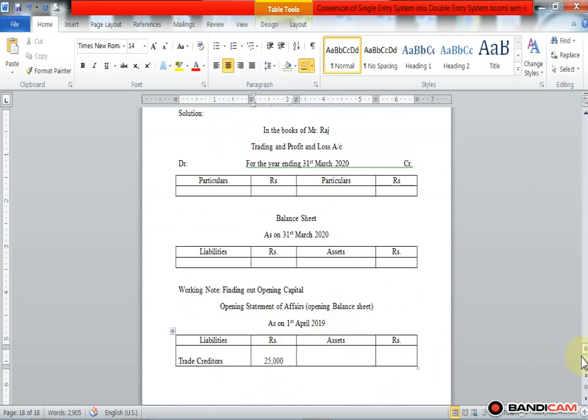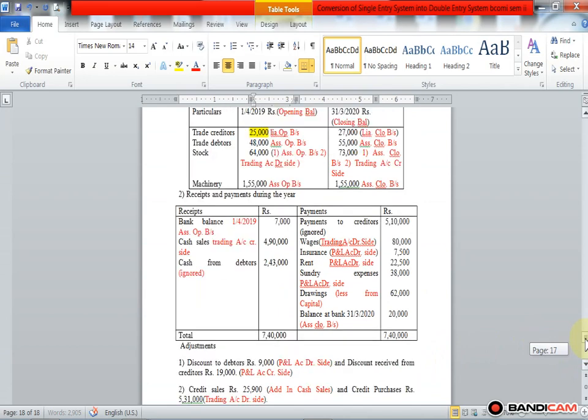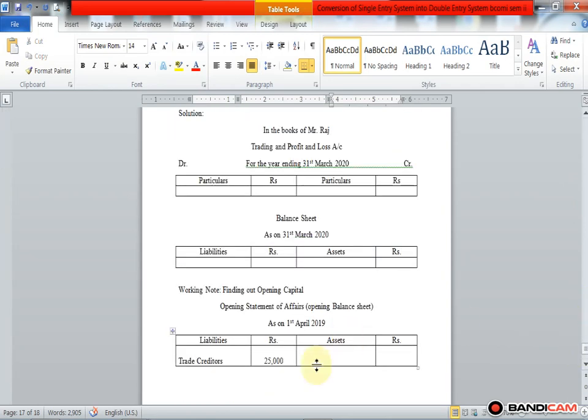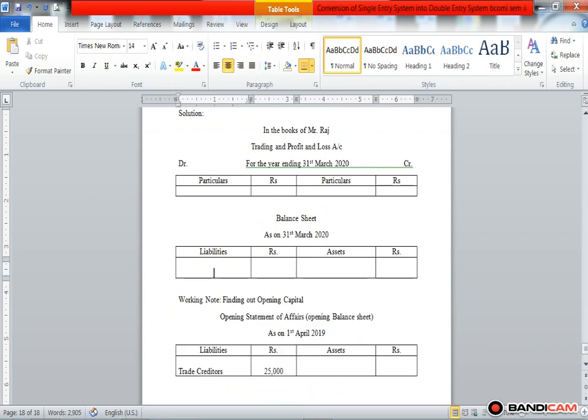25,000. Then second, closing balance. Here the closing balance of creditors is also given, so we easily transfer it. The closing balance of creditors is transferred to the closing balance sheet, on the second line.